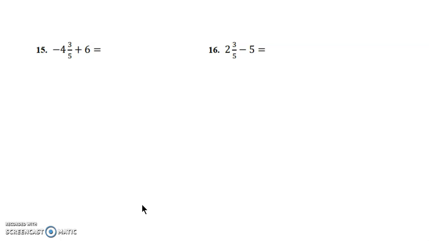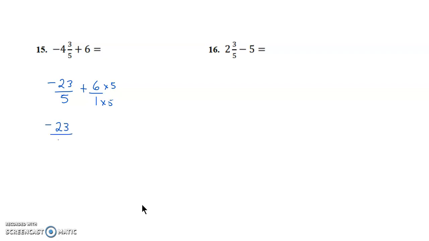And so we're going to go ahead and change the negative 4 3/5 to an improper fraction. So that's going to give us 5 times 4 is 20, plus 3 is negative 23/5. Plus the 6 becomes an improper fraction as well. We see that the denominators are of course different. So what we can do is multiply the 6 by 5 and rewrite.